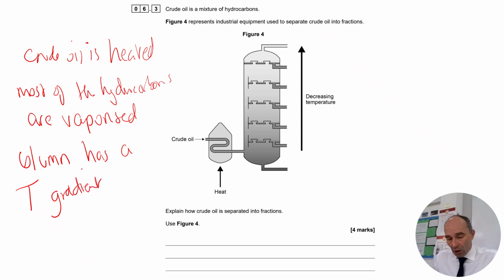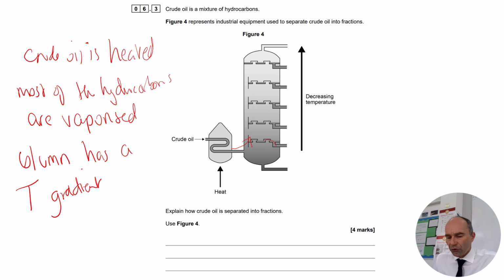So as the hydrocarbons are vaporized, they move into the fractionating column, and depending on the size of the molecule, they start to rise up through the fractionating column. Now, the bigger, heavier fractions, those with the higher boiling points, start to condense at these lower levels.